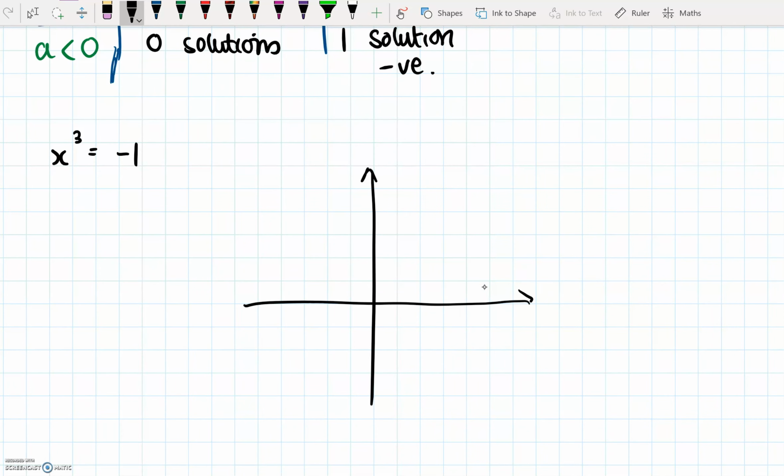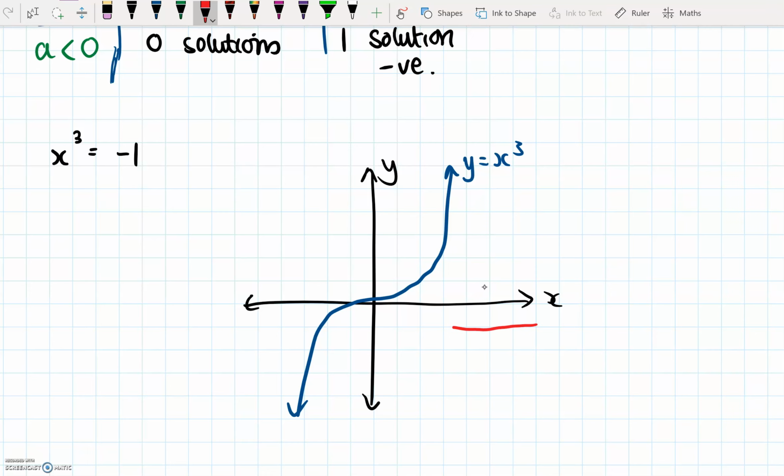Okay, that's better. X and Y. Okay, our graph x cubed looks like this. This is y equals x cubed. Okay, and our graph for negative 1 is just a line over here. y equals negative 1. You can see the intersection point is here, and there's one of them.